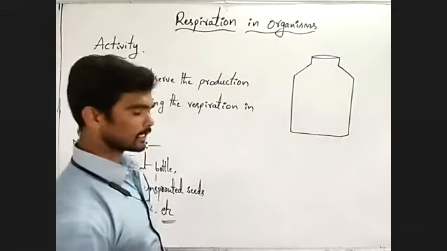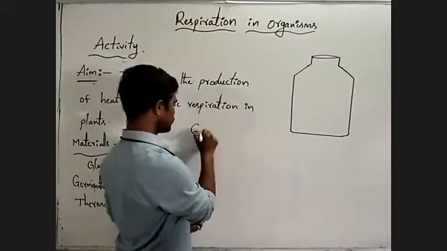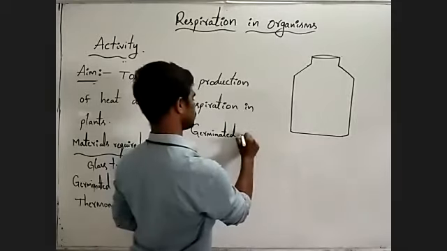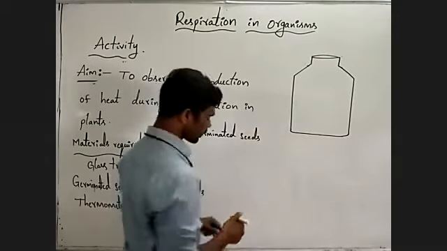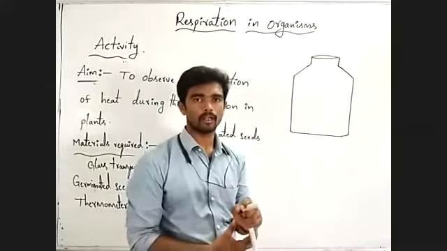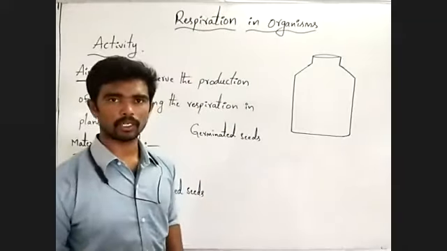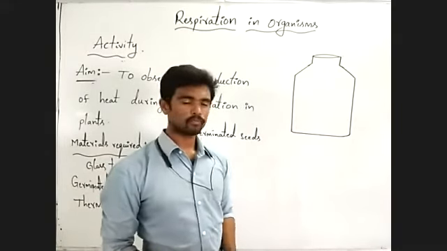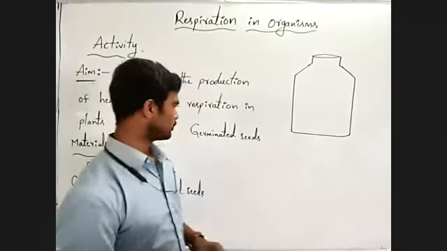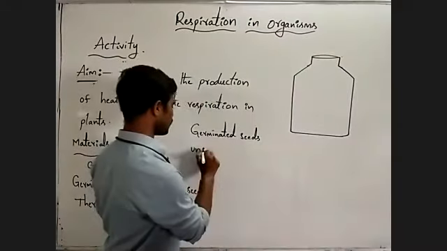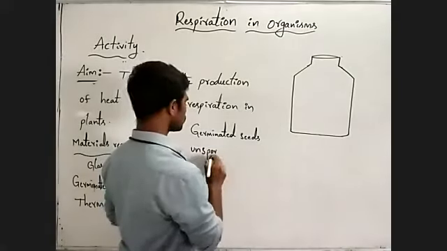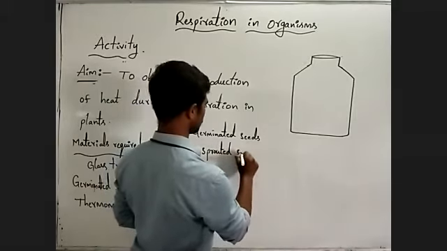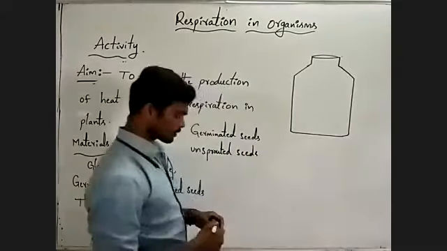First, in this activity, you have to collect the germinated seeds of bajra or moong, like in the last activity. By using the procedure used in the last activity, you have to collect the germinated seeds and unsprouted seeds of the bajra or moong.